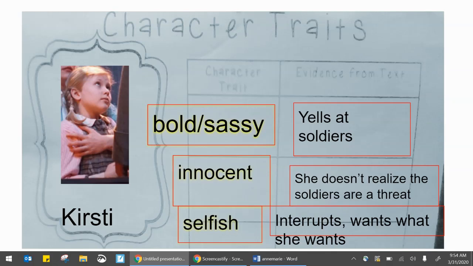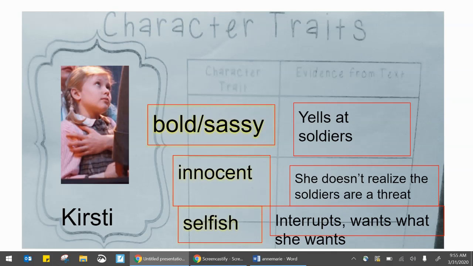Okay, let's talk about character traits for Kirsty. What did you pick? Did you pick bold and sassy like me? I did because she yells at the soldiers without any fear. Did you pick innocent? Or maybe another word for that would be naive? Or maybe another word for that would be not caring or not understanding?